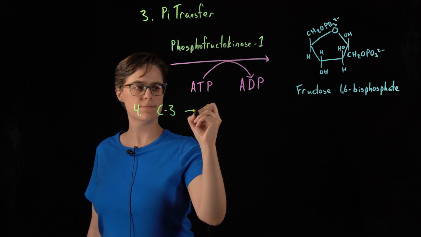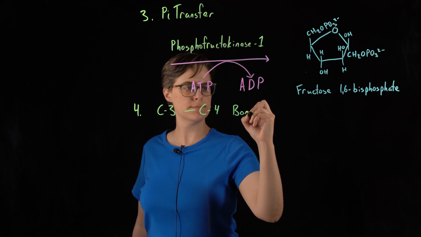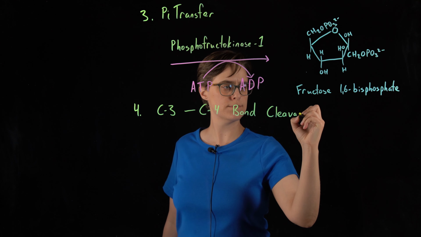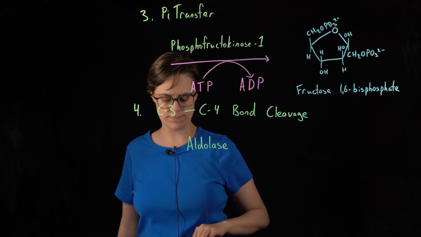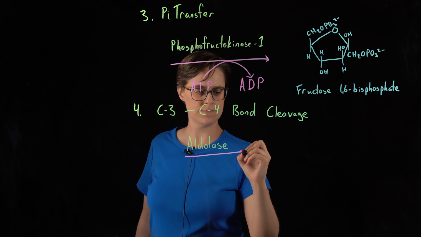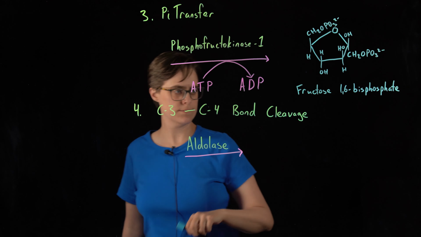Step 4 is a carbon 3 to carbon 4 bond cleavage. We are actually going to be breaking our compound in half. This is catalyzed by an enzyme called aldase, and it is once again an irreversible reaction. But because we're breaking our compound in half, we now have 2 products.